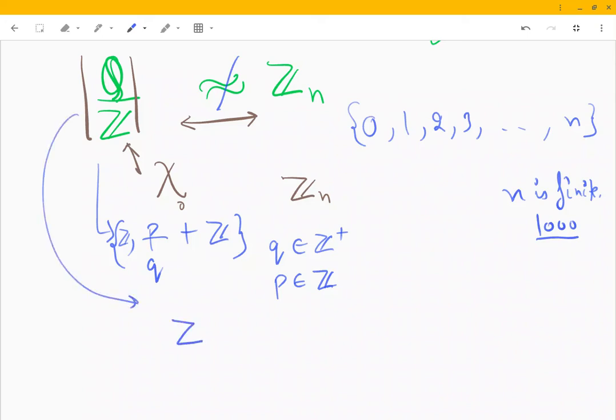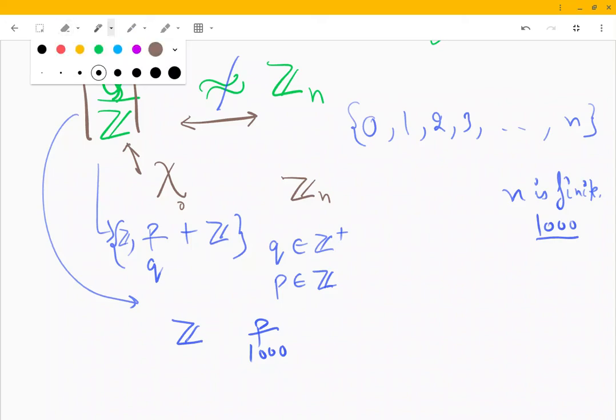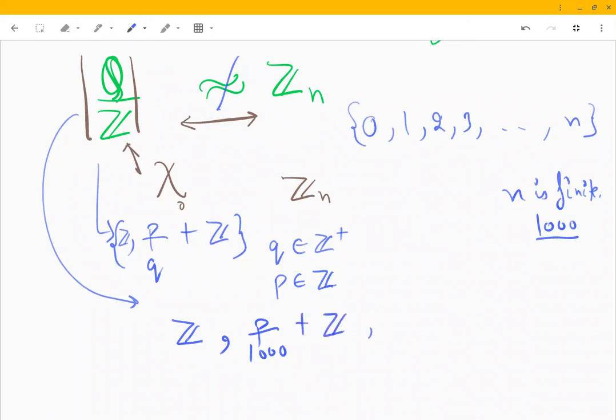But what about a subgroup of this factor group? A subgroup will contain the identity, and then we can have a subgroup generated by p over q plus Z, where p belongs to the integers. This is a subgroup, right?